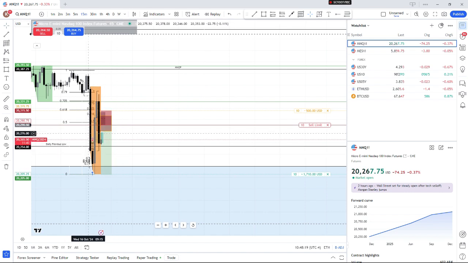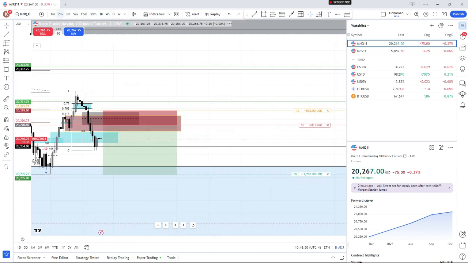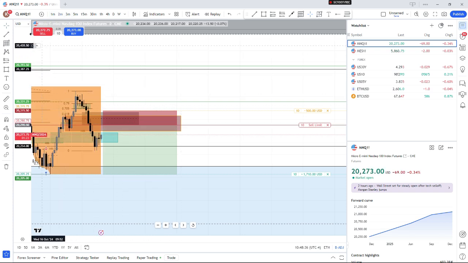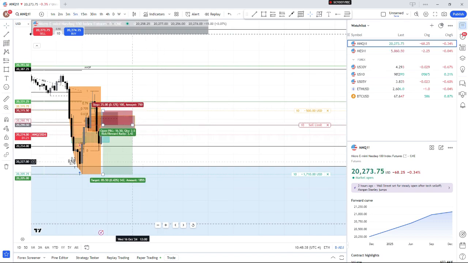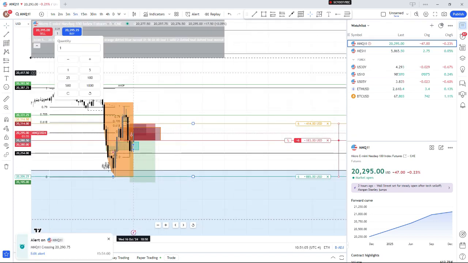As we can see, we have inversed this 15 minute fair value gap as well, which is quite nice to see. So we're in a balanced price range now. But yeah, we'll just see what happens.